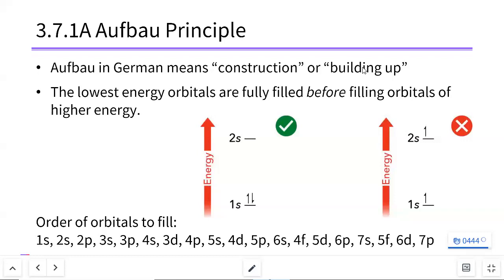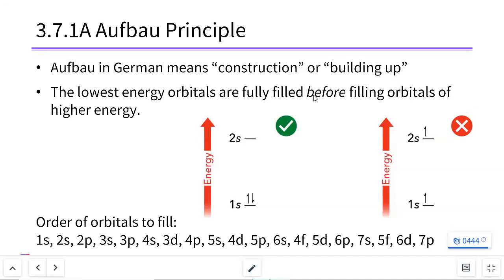Those electrons are going to go into that first energy level, the 1s sublevel, before they split up. Low energy wins. So we're always going to fill the lowest energy levels first, and then we're going to build our way up to the higher energy levels. That's the Aufbau principle.